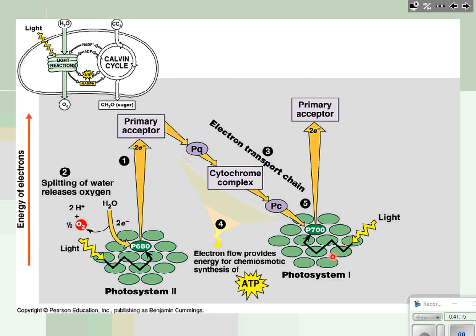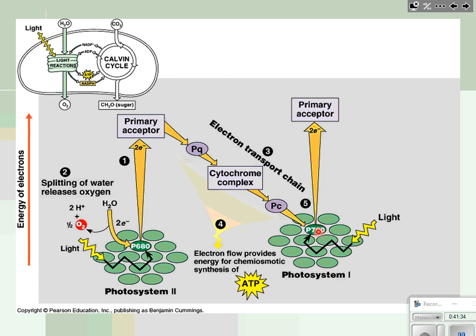When light strikes photosystem 1, same thing, all these chlorophyll molecules are absorbing that light energy. They're funneling that energy to the middle of the photosystem. This special molecule called P700 is the reaction center of photosystem 1.